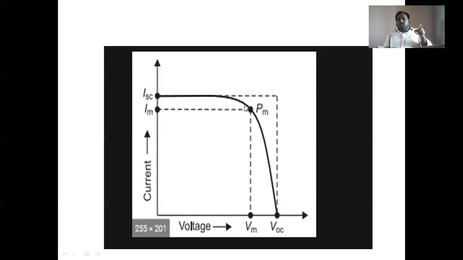Maximum sunlight can be collected from the sun by different technical methods. One important method is to install a panel with some inclination so it can collect maximum radiation, and current is maximum, power is maximum.